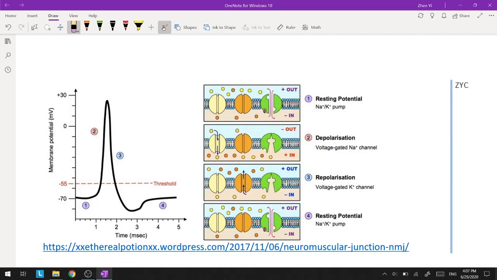The sodium ions and potassium ions are being transported in and out of the cell during this phase through a process known as active transport, with the use of an integrated protein, as shown in the first picture here.